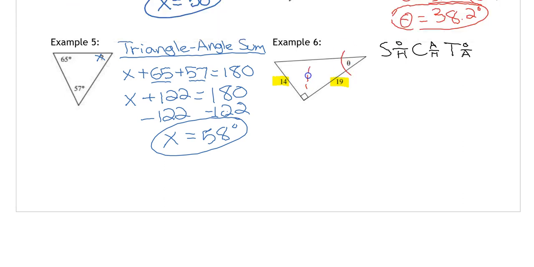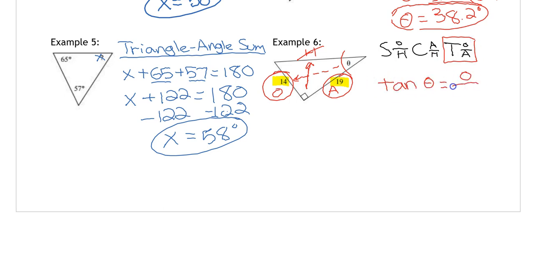Across from my right angle is the hypotenuse. Across from my given angle is the opposite. And my adjacent, what sides am I actually using? The opposite side and the adjacent side. So my hypotenuse doesn't matter, so tangent uses opposite and adjacent. So tangent of theta equals opposite over adjacent.